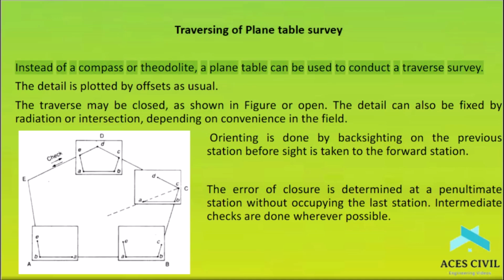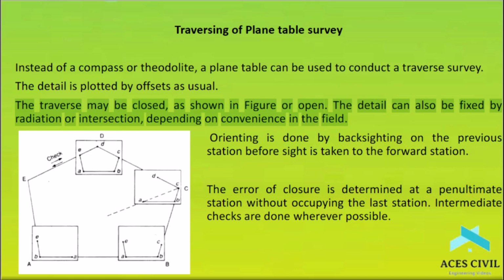Instead of a compass or theodolite, a plane table can be used to conduct a traverse survey. The detail is plotted by offsets as usual. The traverse may be closed, as shown in the figure, or open. The detail can also be fixed by radiation or intersection depending on convenience in the field.